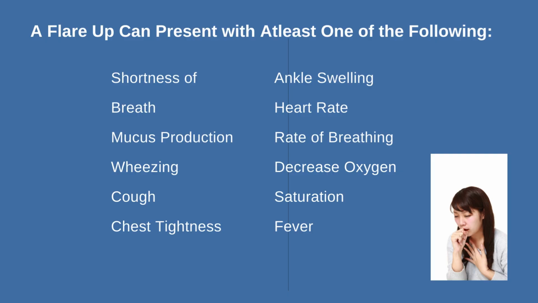If you feel like your breathing is shallow and you're not getting enough air in. If your oxygen levels, when you measure with your pulse oximeter, are below what they normally are. If you develop a fever, or have desaturating oxygen levels. Those are all identifiers that you're possibly getting a flare up for COPD.